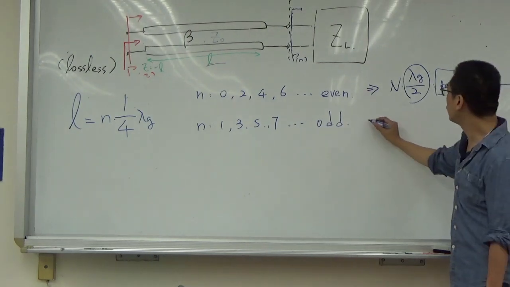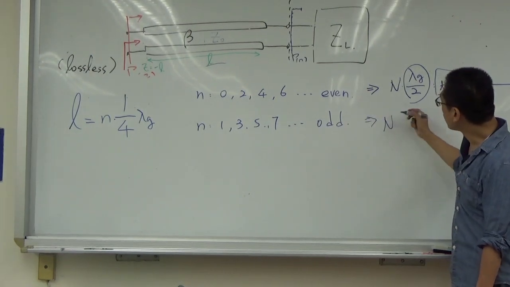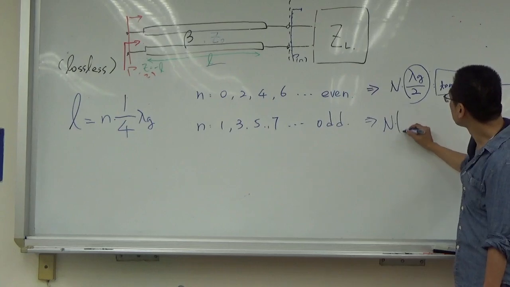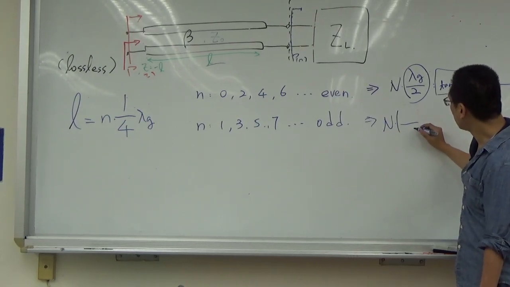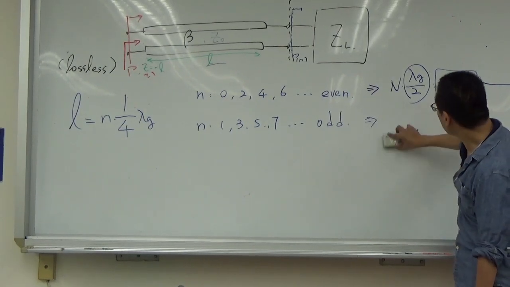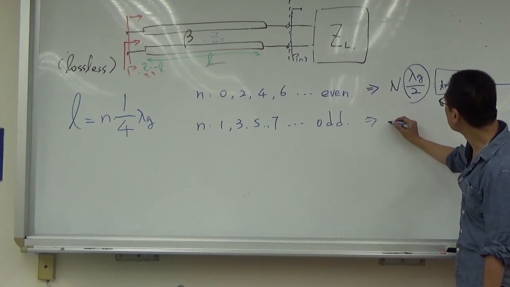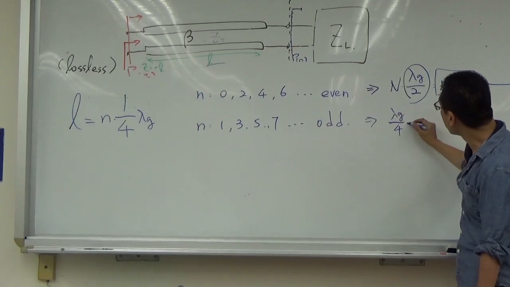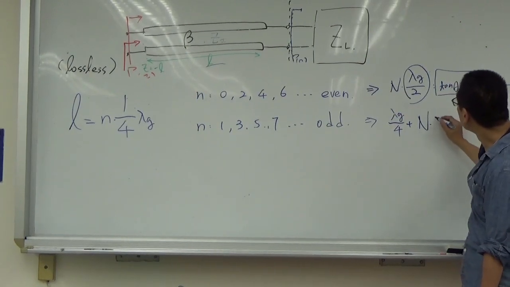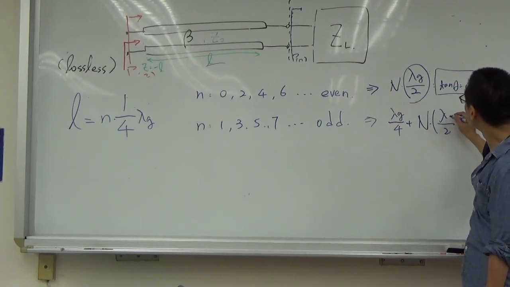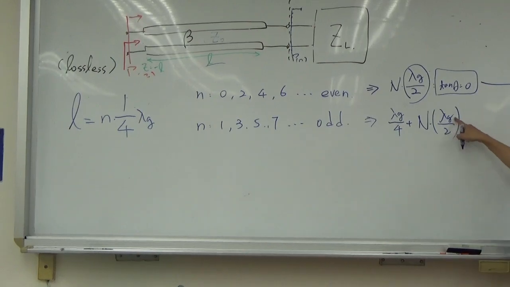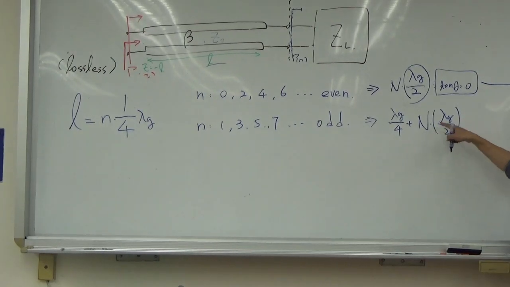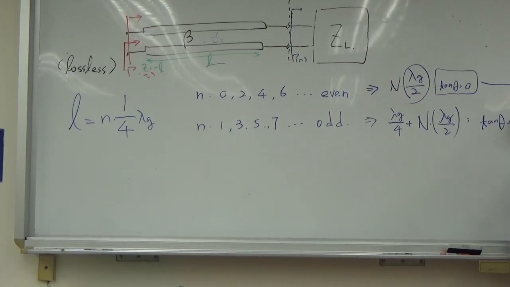Or another case is a quarter wave transmission line plus an integer of the half wave transmission line, where you can get tangent theta going to infinity.